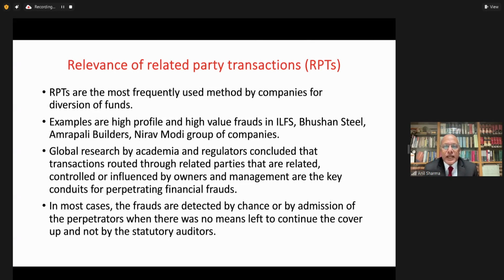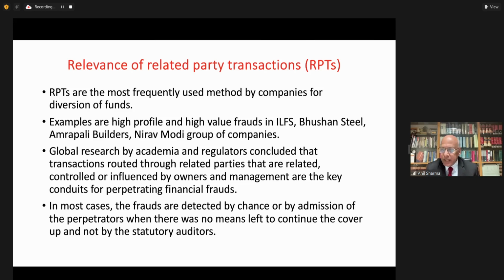The conclusion of this research is that related party transactions are those transactions which are routed through the owners and management. They are considered to be the key conduits for perpetrating financial frauds. I'm not saying so, but this is the global research done by academia and regulators. These reports are available in the public domain.